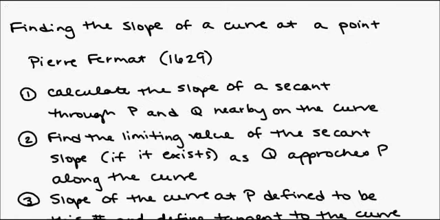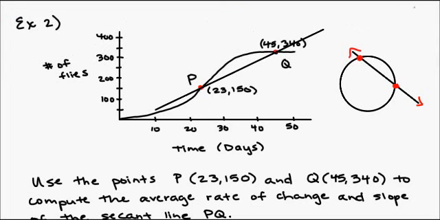What does this mean? Well, if I took this graph here and I wanted to find the rate of change at day 23 instead of over an interval, I would choose a Q much closer to P than this one. And the closer I get to P, the more accurate the instantaneous rate of change I'm calculating is going to be.